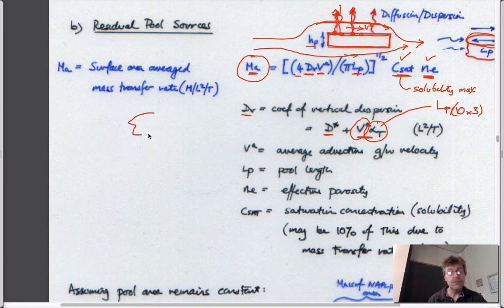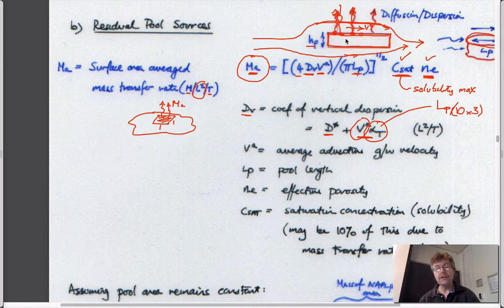So if you have a pool that in plan view looks like this, this is the mass that's coming out of a piece which is 1 meter by 1 meter on edge and removing itself per unit time. So this is mass per time, but only per unit area of the pool.